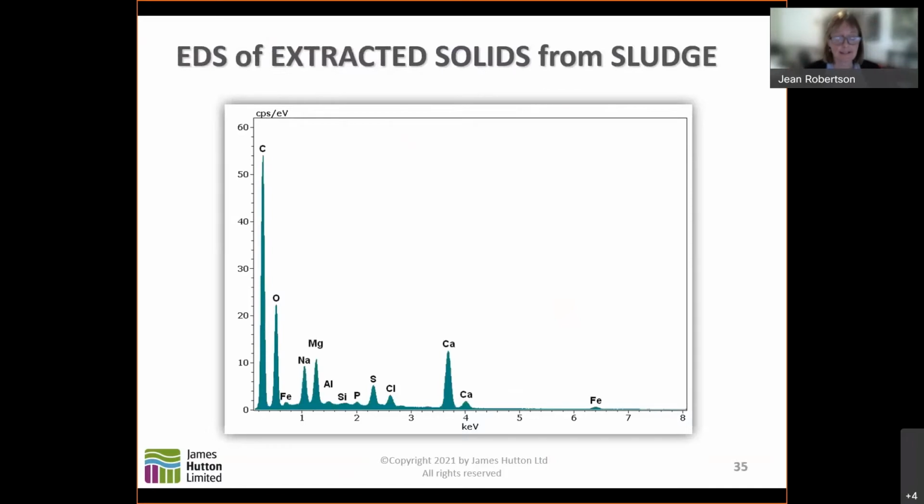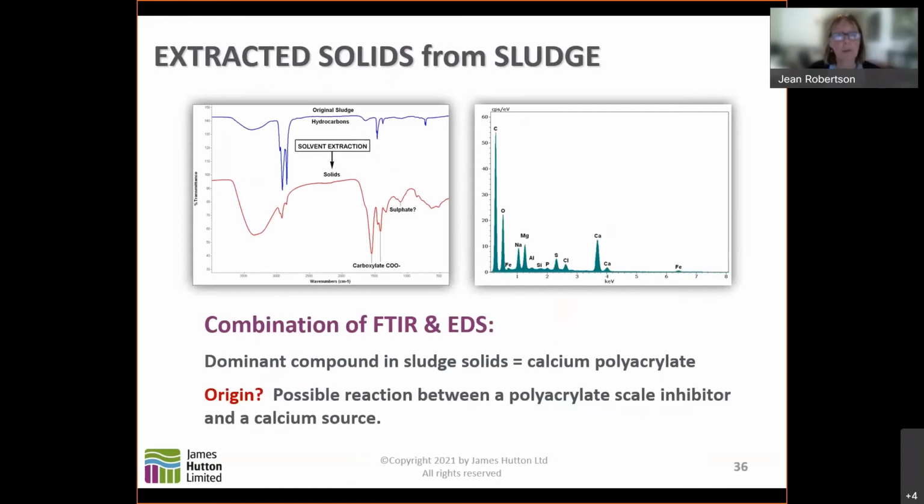Now, the EDS trace that we've got here shows us the high C and O, which come from the polymer, and it shows the dominant cation is calcium, although there's also magnesium and sodium there. So we can put that together with the information from the FTIR and say that, as well as the hydrocarbons in the sludge, the dominant compound is a polyacrylate salt, probably predominantly calcium polyacrylate, though potentially, as I say, magnesium and sodium in there as well.